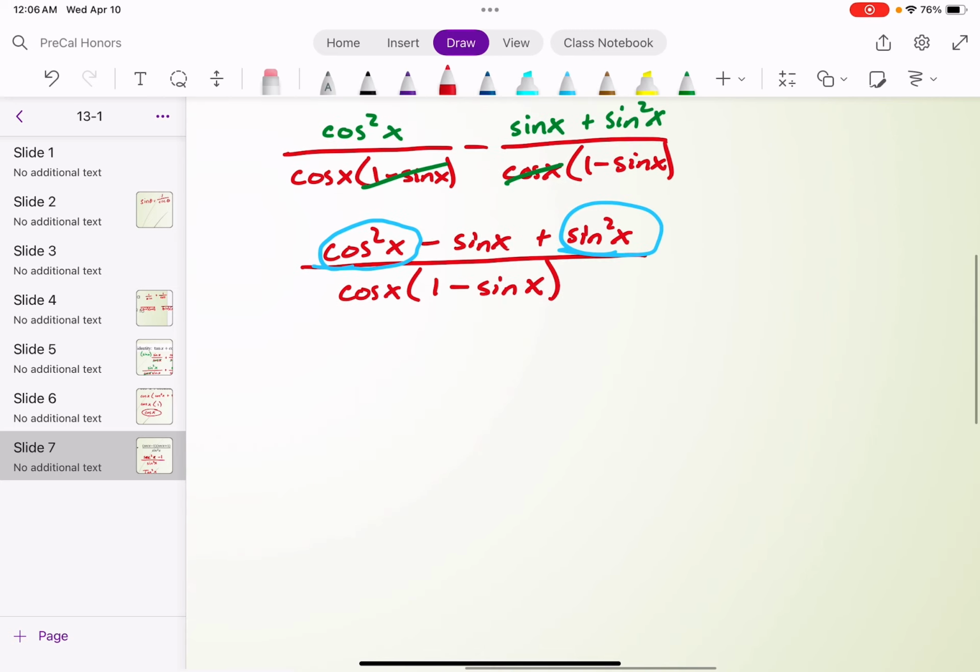So this numerator will then turn into 1 minus sine of x over cosine x, parentheses 1 minus sine x.